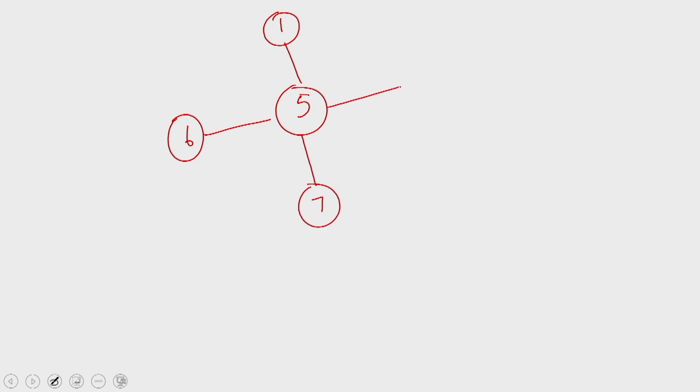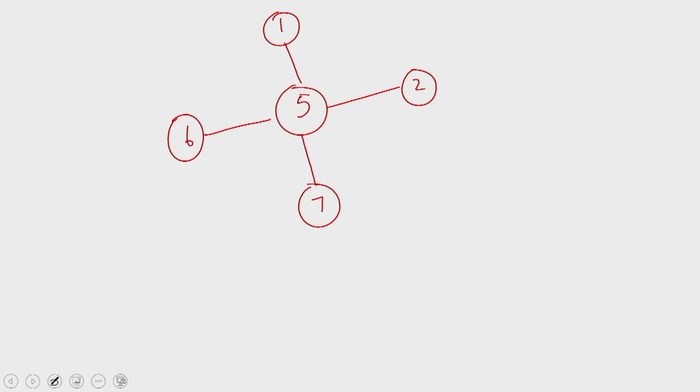In our graph, we have this vertex 5, which has 4 neighbors. So, the 4 neighbors of 5 are 1, 6, 7 and 2. So, here what we say is this: for the edge 1, 5, the directed edge from 1 to 5, the Euler circuit successor has to be the adjacency list successor of the twin of 1, 5.